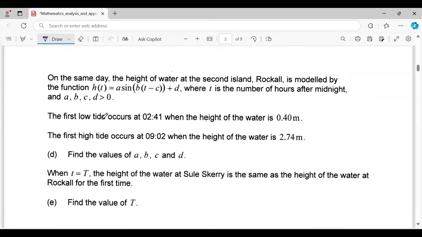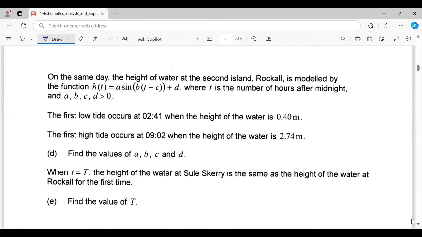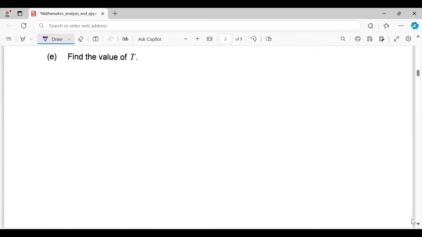The first low tide occurs at 2:41 when the height of the water is 0.4 meters. The first high tide occurs at 9:02 when the height of the water is 2.74 meters. Find the values of a, b, c, d. Okay. This is part D.